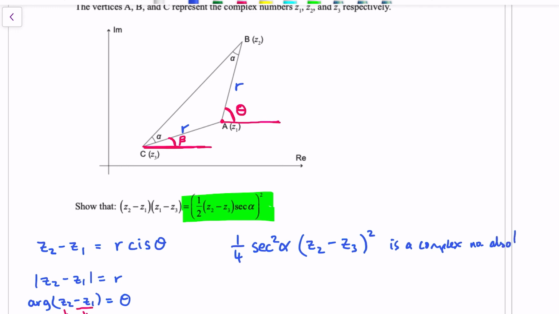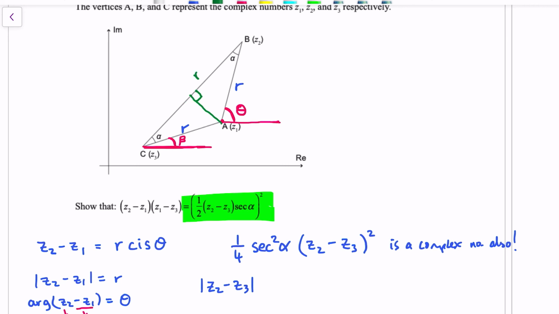Also, what is its modulus? Let's look at the modulus of Z2 minus Z3. It's the distance between Z2 and Z3, which is actually, if we split this, because it's an isosceles triangle, make it into two right angle triangles, we can use trigonometry.